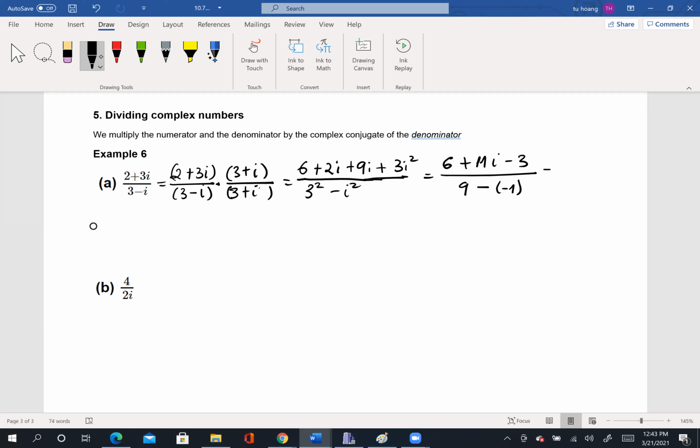Then you have 6 minus 3 becomes 3, plus 11i, everything divided by 10.